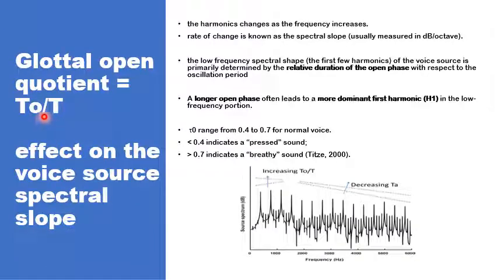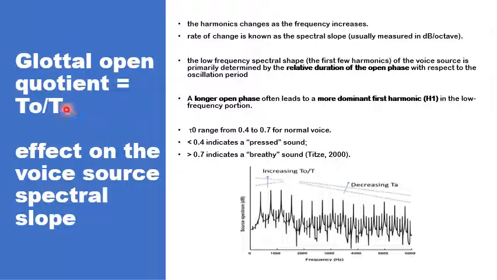The duration of the open phase in relation to the total duration of one vibratory cycle gives the glottal open quotient. This has its effect on the voice source spectral slope.